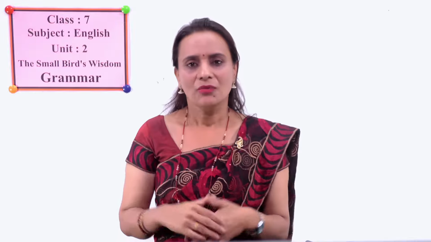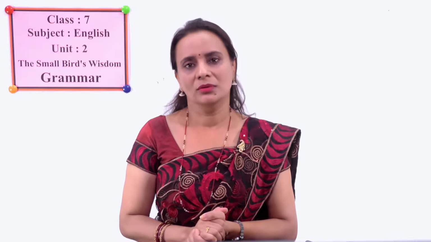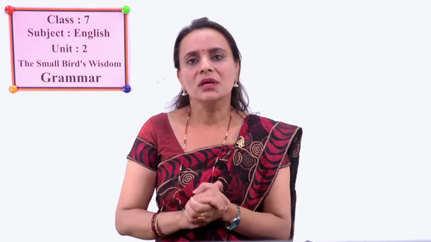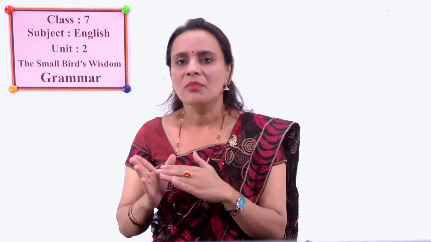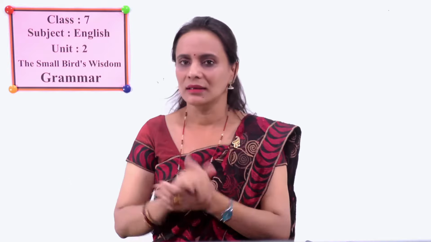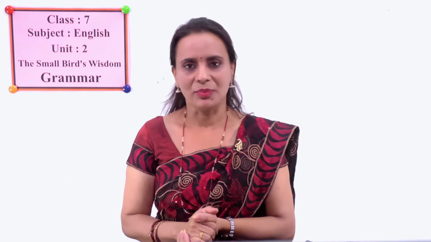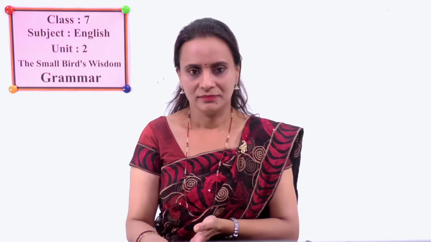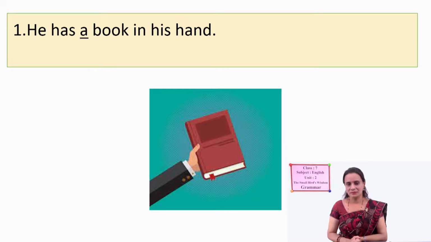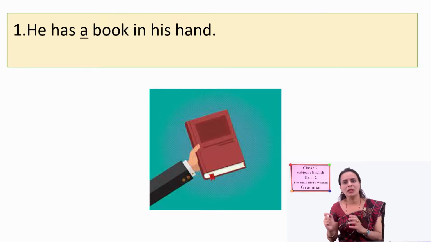Okay, my dear students, we have done the first part of our grammatical section. Now, we are going to do the next part, that is where to use a and some or any. Okay, a and some or any. Let's start with the example. Now see here, in the first example, he has a book in his hand.